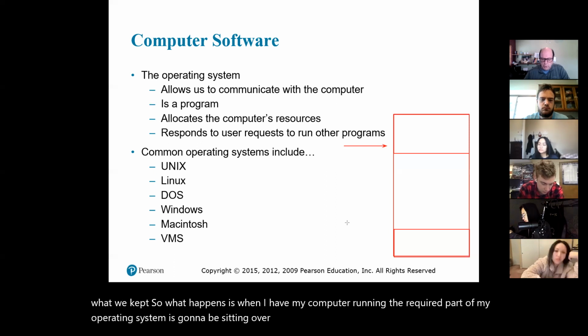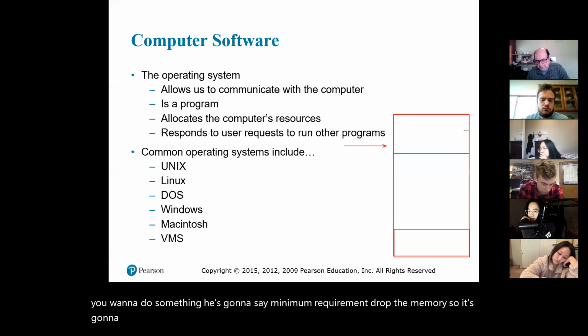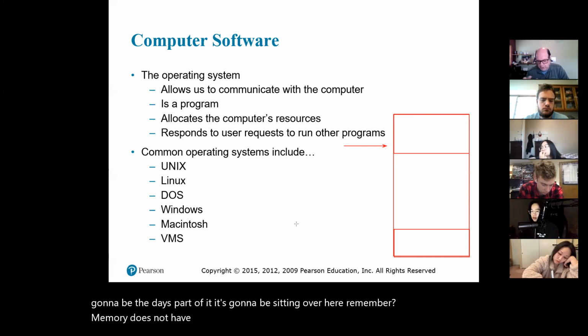So when you go and want to buy a software, it's going to say minimum requirement of the memory. So the base part of it is going to be sitting over here. Remember, memory does not have room to keep all the software, including the operating system.